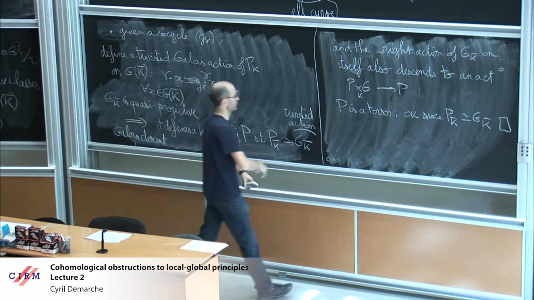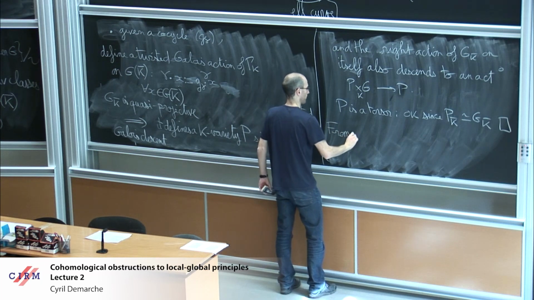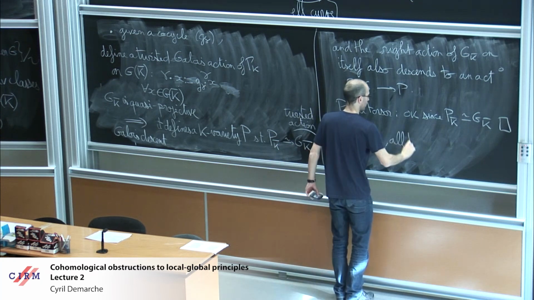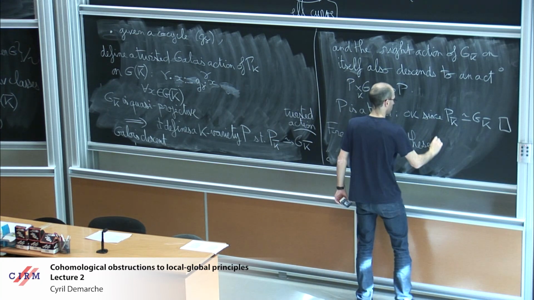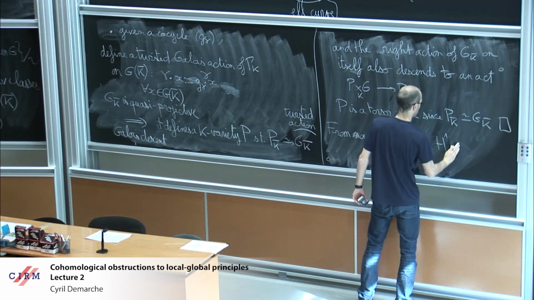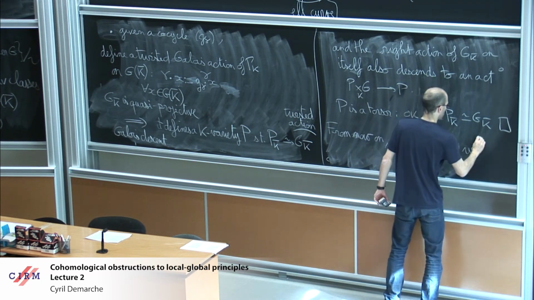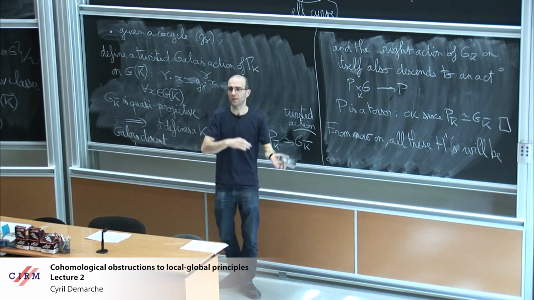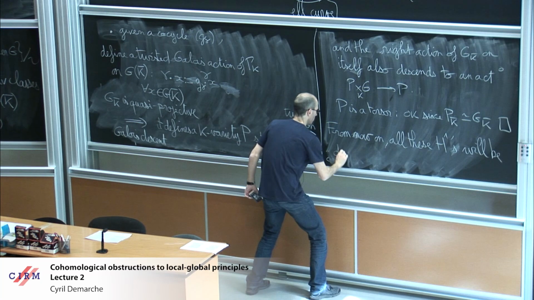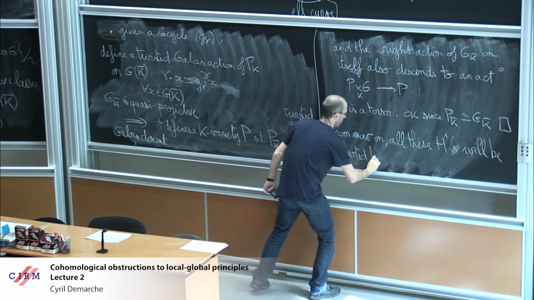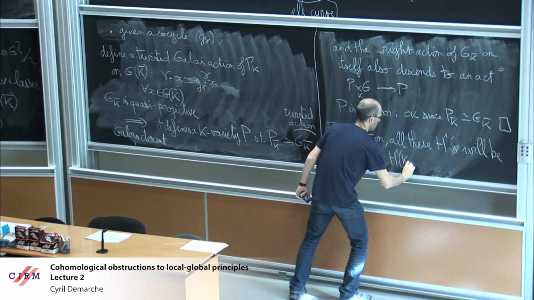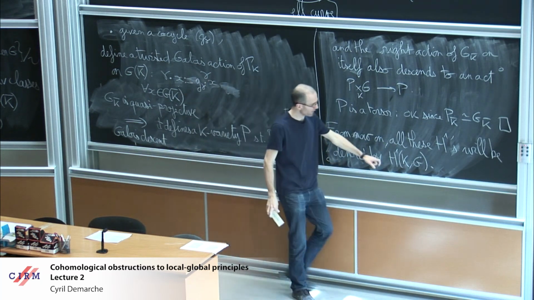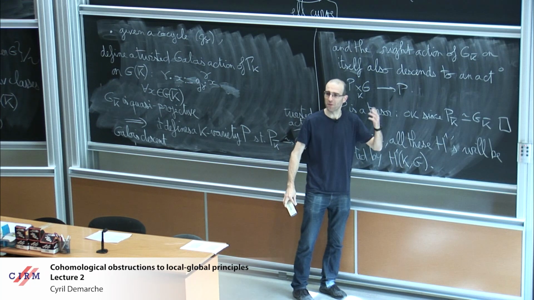So from now on, all these sets will be denoted by just H1, and I will talk about torsors or cocycles, denoted by H1 K G. And if I need it, I will put some étale if I have some other cohomology later on.